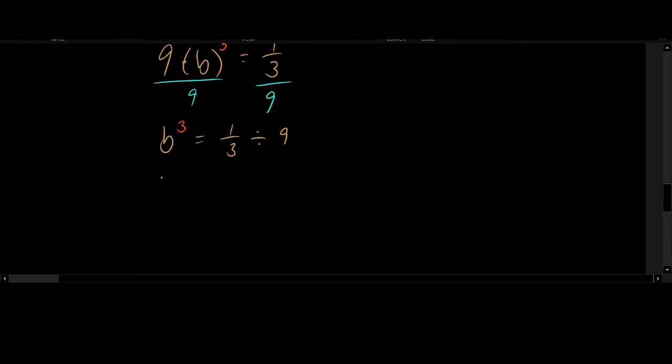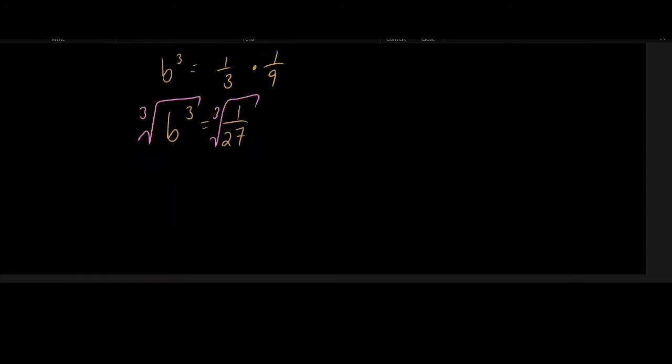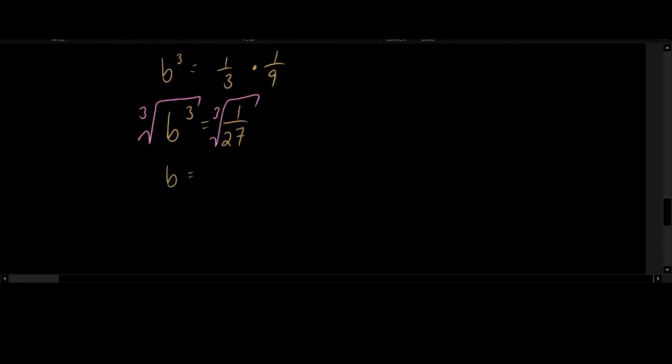So now let's multiply by the reciprocal: 1/3 times 1/9, and we find that b to the 3rd power should be 1/27. Finally, to get b by itself, and not b to the 3rd, let's use the 3rd root, and the 3rd root of 1/27 is equal to 1/3. So that's our b value.